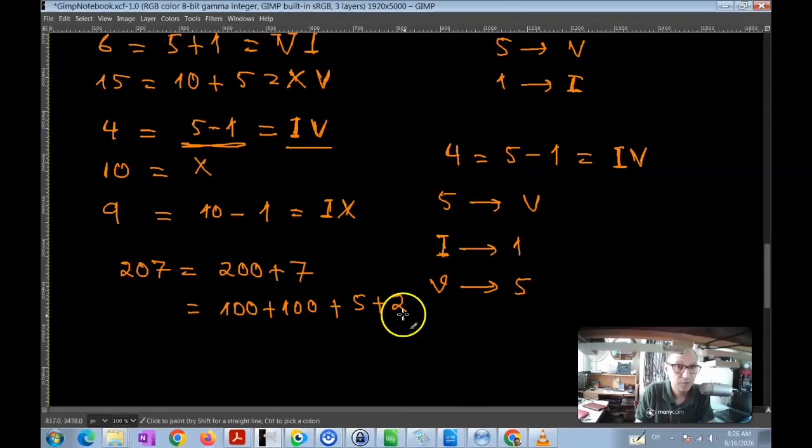And of course we don't have a 2 in this number system, but we have 100, we have 100, we have a 5, so we will write it as 100 plus 100 plus a 5 plus a 1 plus a 1, right?